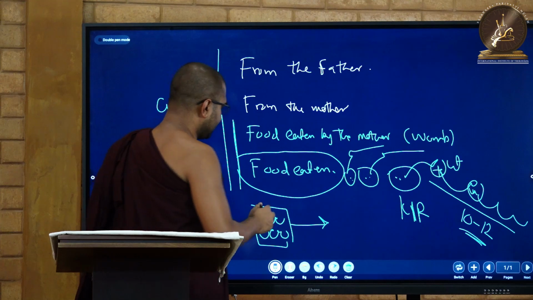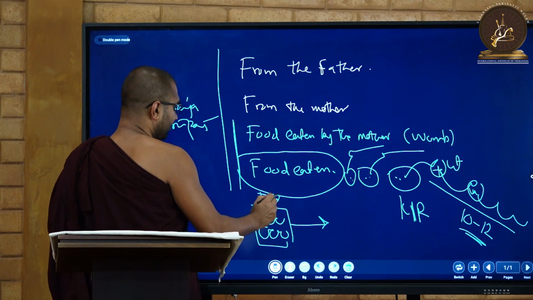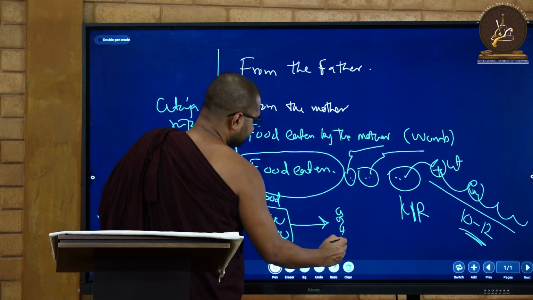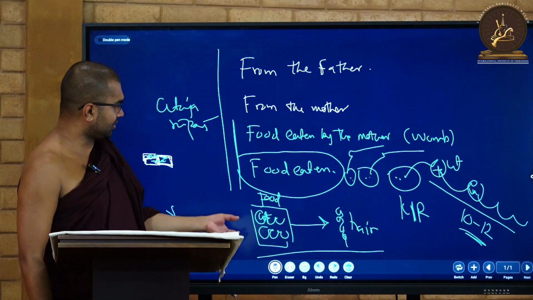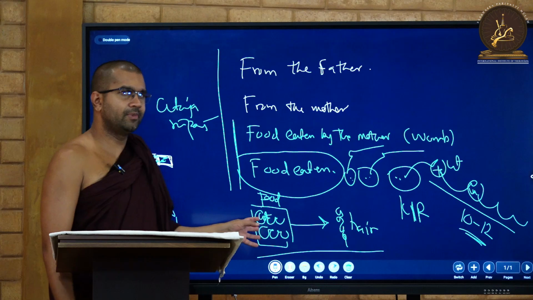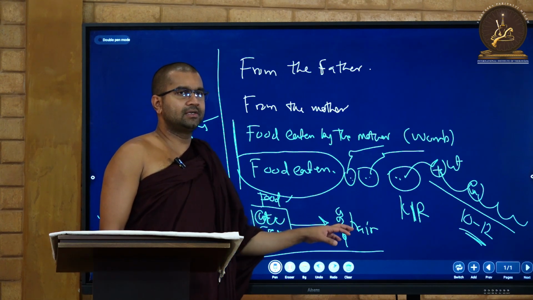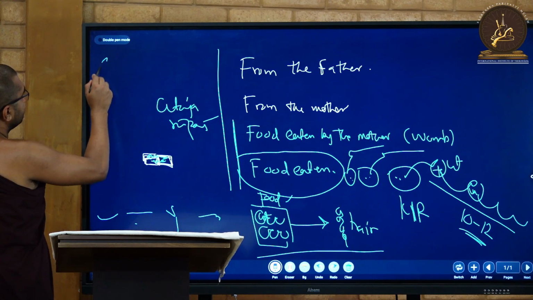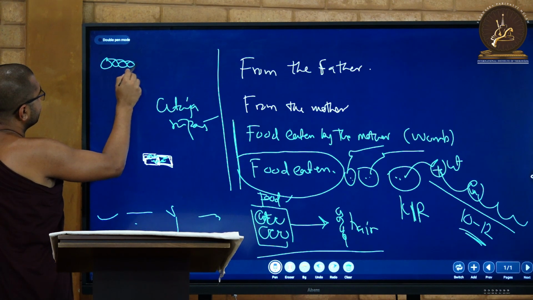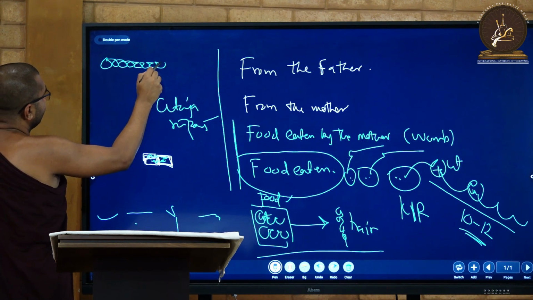That's what is happening. So this food that is consumed becomes hair particles. It is not a transformation of the same kalapas into different kalapas. Kalapas exist in generations, rising and falling, rising and falling.